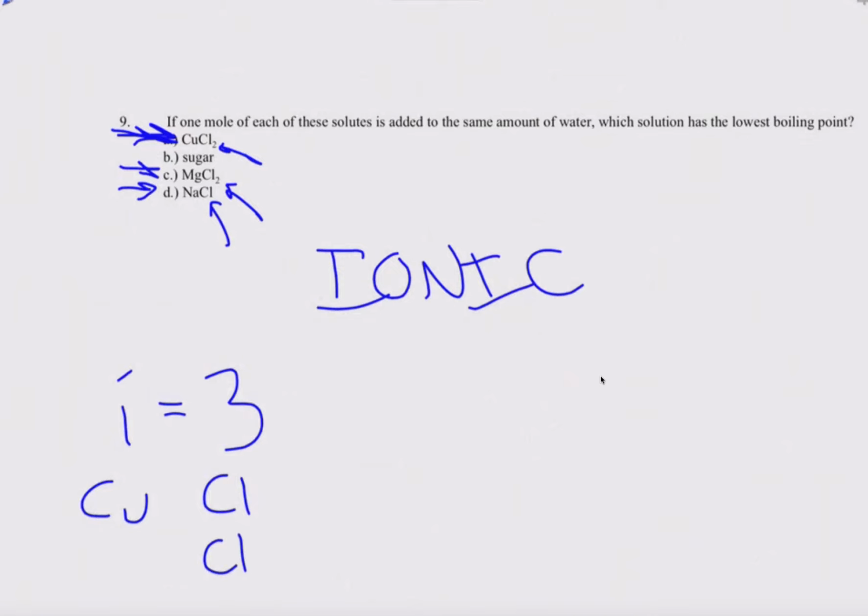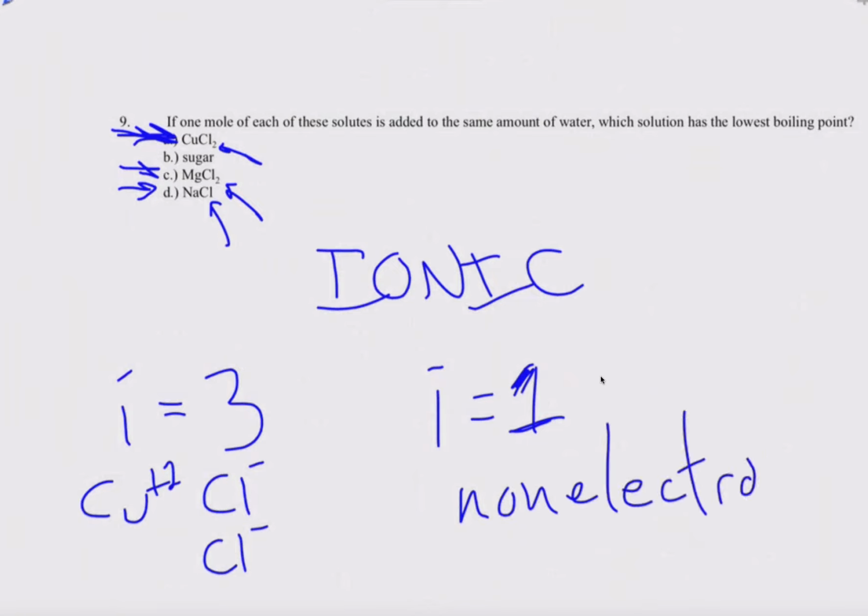That's what's produced when you break that up. Sugar, or any compound with carbon, has an i value of 1. So anything that's sugar or has carbon, or anything that says a non-electrolyte, that means it's not going to break apart, which means the i value is 1.